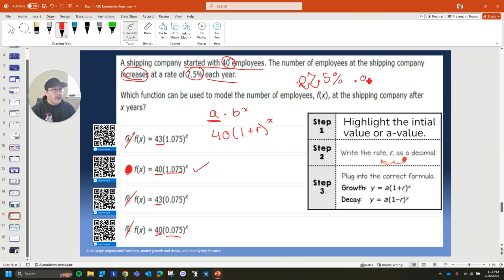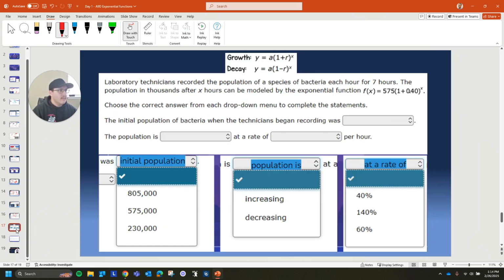And we get 0.075. So 1 plus 0.075. Y'all could type that into the calculators. We should get 40 parentheses 1.075 close parentheses raised to the x. And the only answer that fits that model is letter B.